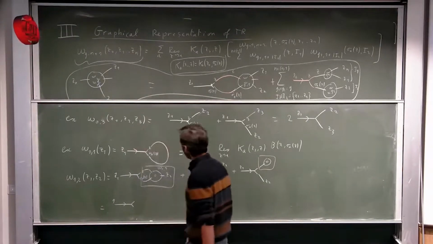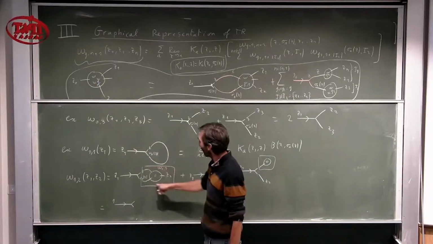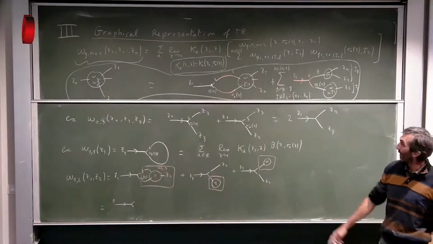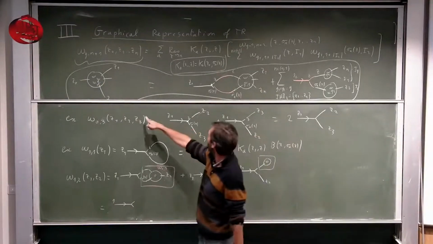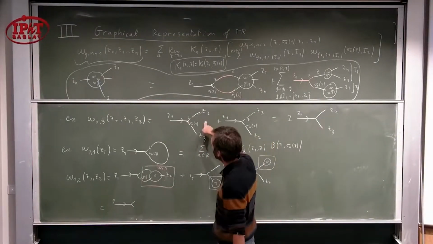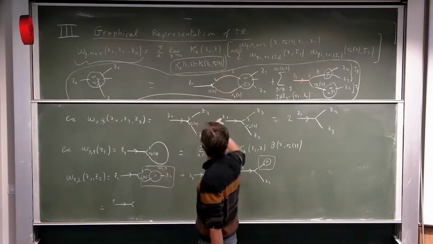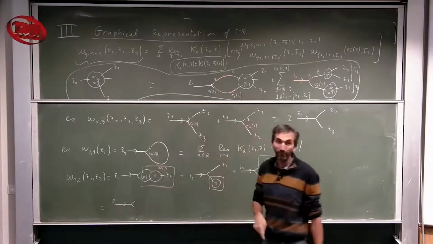and here, since omega 03 is symmetric in its three variables, if I want to apply the graphical representation that I have here, I have to choose one of the variables to be the entry point of the arrow.